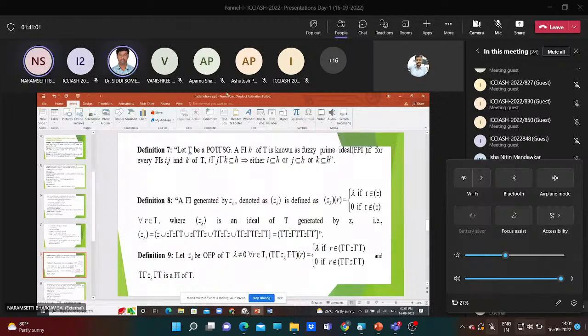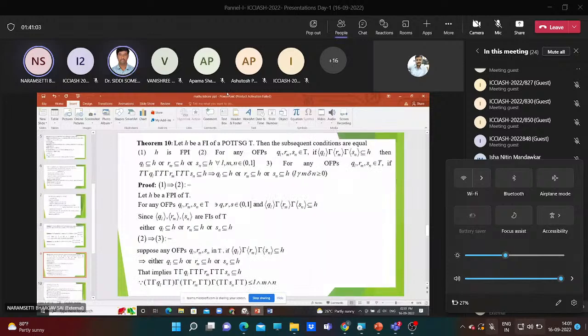Next theorem. Let H be a fuzzy ideal of a partial order ternary gamma semigroup T. Then the following conditions are equivalent. First, H is a fuzzy prime ideal.